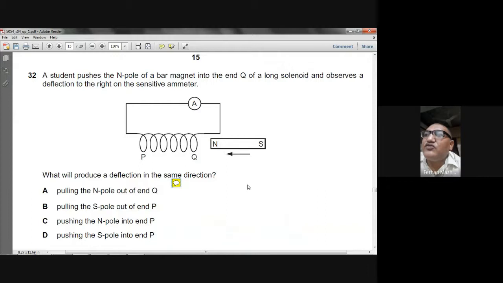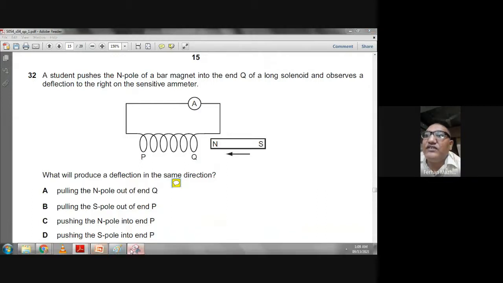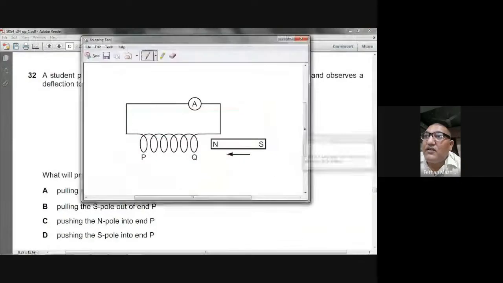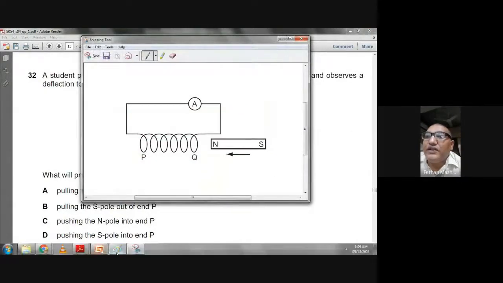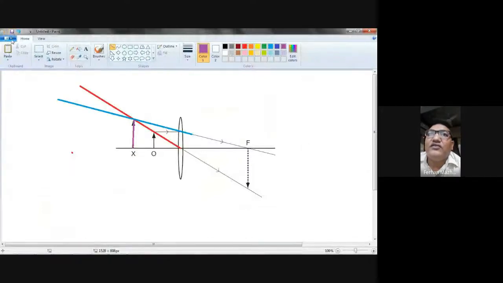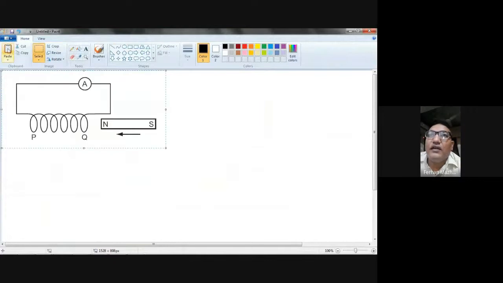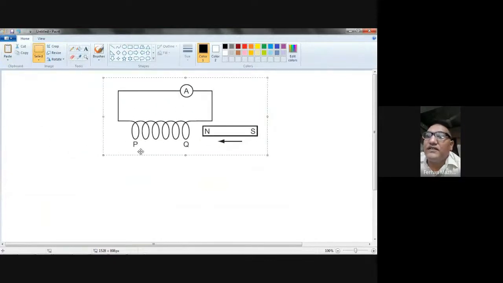Let me take this to paint so I can show you easily. It's a little tricky one. So let me take it to paint so I can show you how this is done. We are talking about this. He gave me a few options.